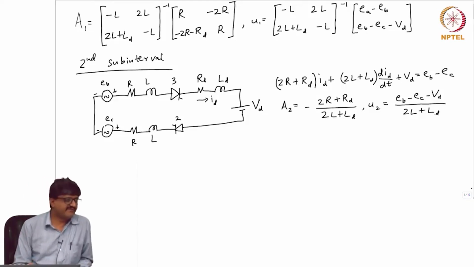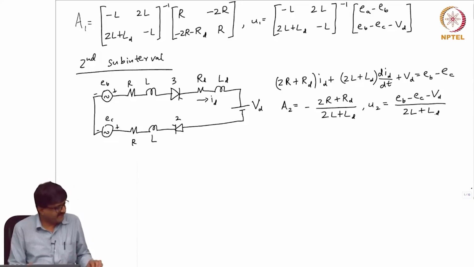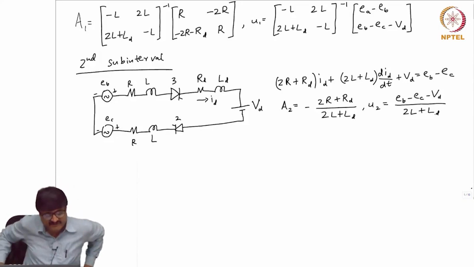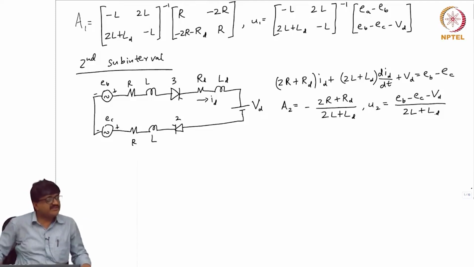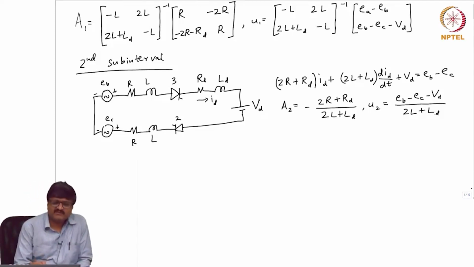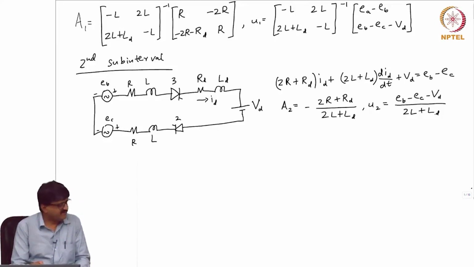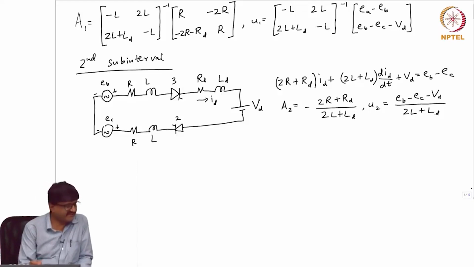If I want F and G, then I have to relate state variables at the beginning of the first subinterval to the state variable at the end of the second subinterval. What was the state variable in the first subinterval? ID and I1. Now, in the second subinterval, it is ID.